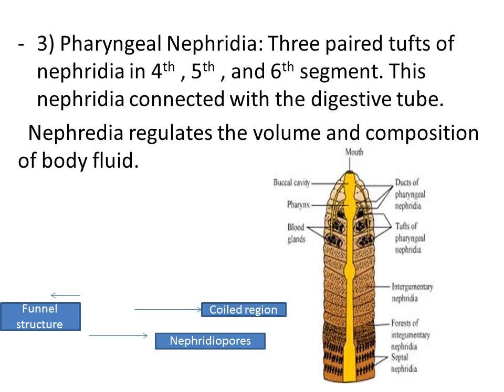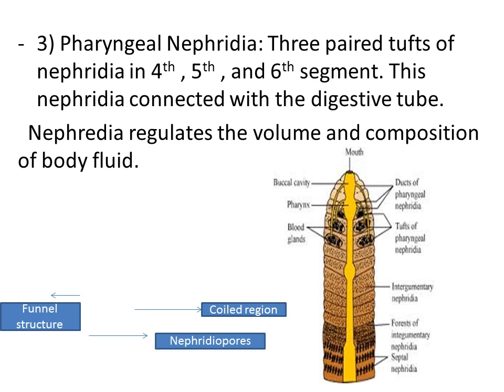That means the opening of the integumentary nephridia is present on the body wall, so it does not send the body waste to the alimentary canal. Instead, it sends it through the body wall, right? And pharyngeal nephridia and septal nephridia send the waste material to the digestive tube, so that it is excreted through the anus. So this is how these three different types of nephridia eliminate the waste material from the earthworm.